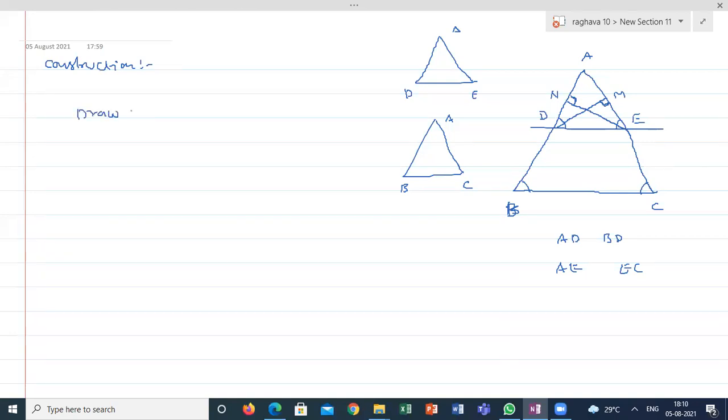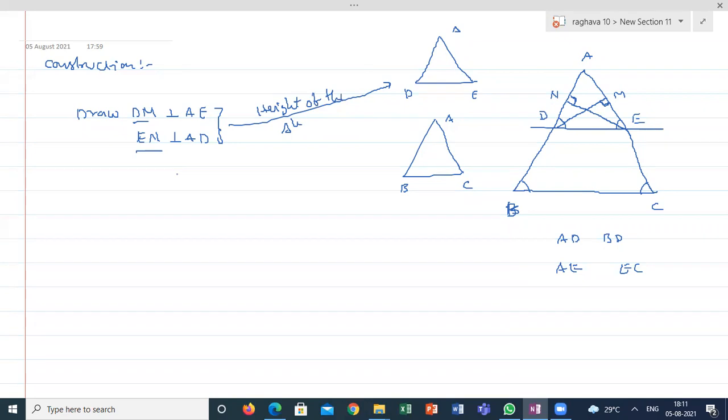Draw DM perpendicular to AE, EN perpendicular to AD. Then automatically DM and EN are the heights of the triangle ADE with respect to their bases. When AD is the base, EN is the height. When AE is the base, DM is the height. These are the heights of the triangle to the respective bases.